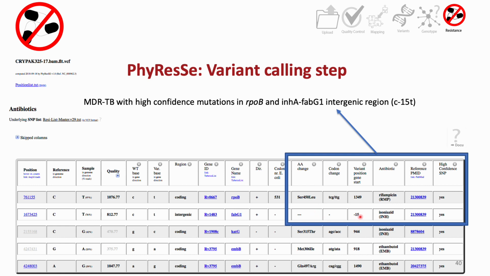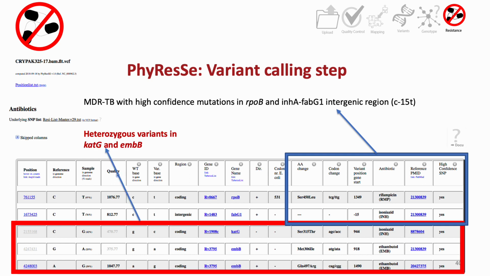Moreover, we have another mutation at -15 of the inhA-fabG1 intergenic region that is associated with resistance to isoniazid. So until now, we have found MDR-TB having resistance to rifampicin and isoniazid.